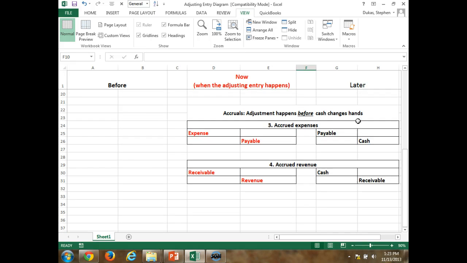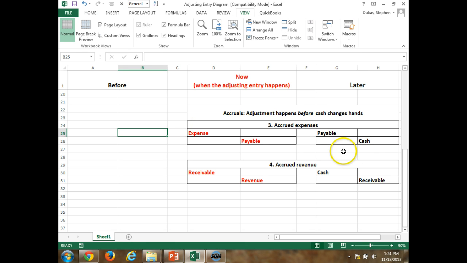With accruals, it's the opposite. The accounting event happens now when the adjusting entry is made, and you get your cash subsequently. So for example, we saw a situation where the firm owed employees money and they hadn't paid their salaries yet. So we have salary expense and salary payable.